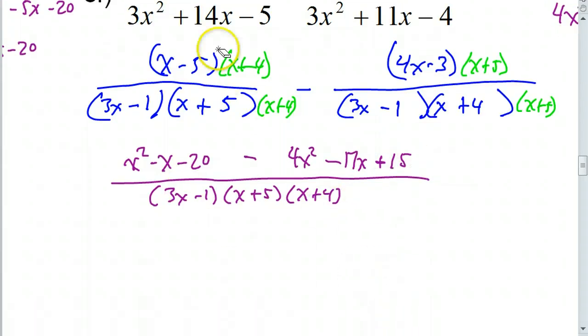Then I will just combine my like terms. So I've got x squared minus 4x squared, so that's negative 3x squared. Negative x and negative 17x is negative 18x. And then negative 20 and positive 15 is negative 5.